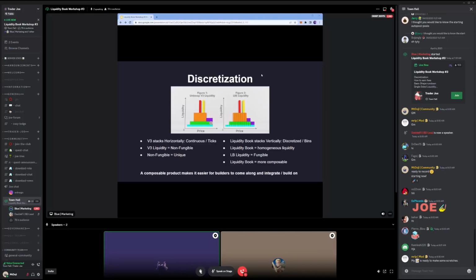So a user comes along, they decide they're going to provide liquidity on Uniswap V3. They select their price points, so $1 to $2, and then they deposit their liquidity. And in that continuous flow AMM, their tick bound range, $1 to $2, their liquidity covers that entire range that they selected.